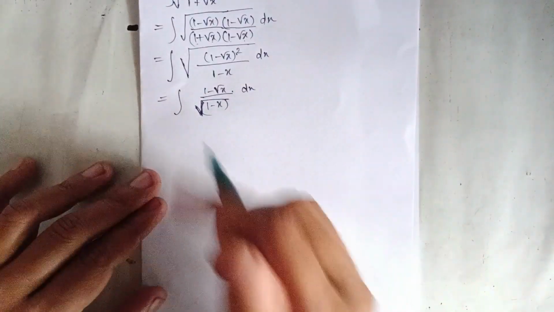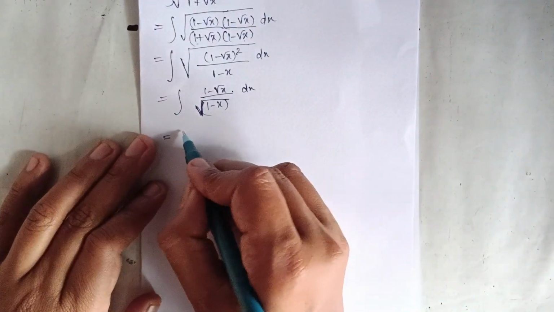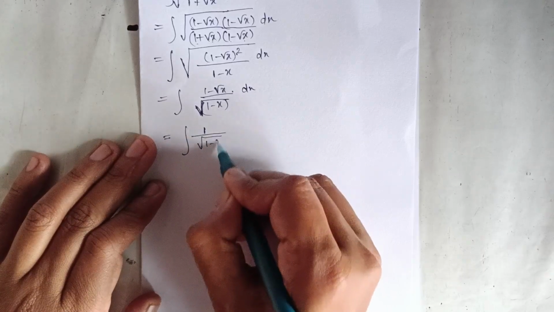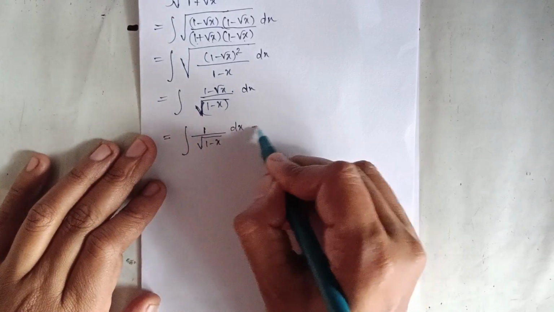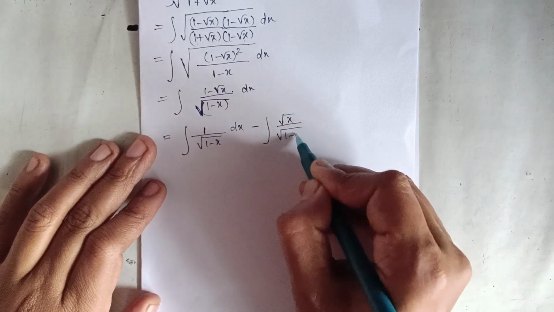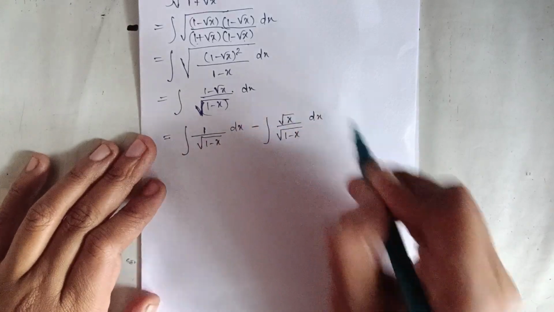Okay. Separating the denominators, you'll get integral 1 upon root of 1 minus x dx minus integral root x upon root of 1 minus x dx.